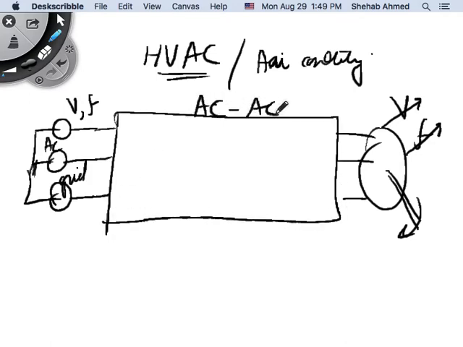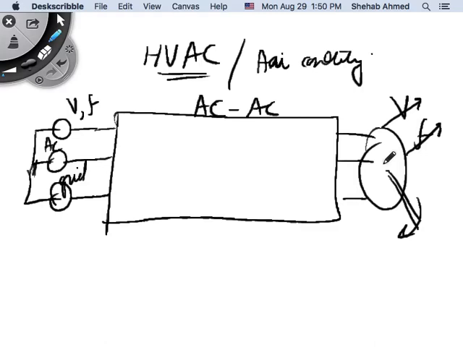And there are topologies we will take for that. We will find that the topologies we will study for those are not very well suited for highly controllable applications that require proper control of the motor speed. They are good for motor starting, like we talked about. There are topologies for direct AC to AC conversion that are in research phase, but they've been in research phase for 15, 20 years.